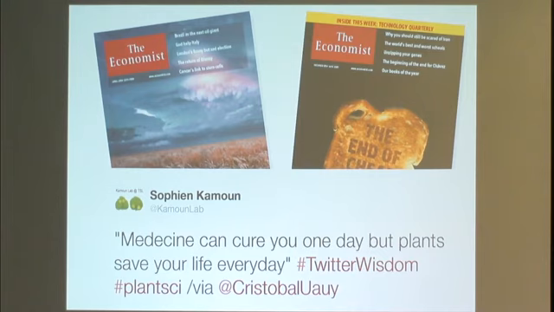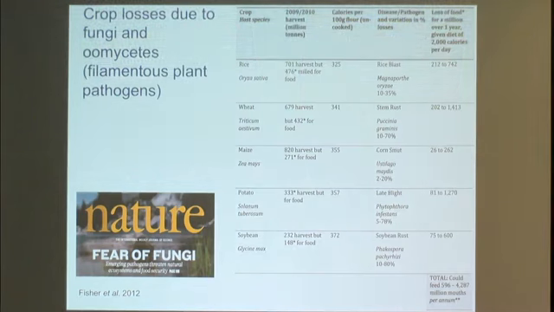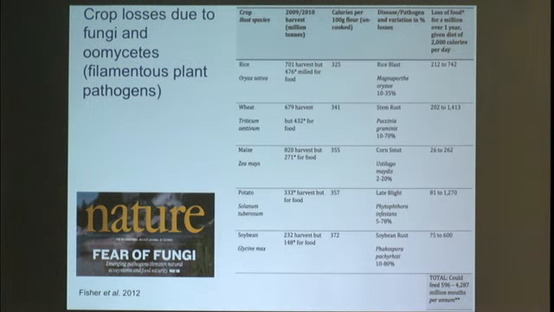And one of the serious threats to the plants is these pathogens called filamentous plant pathogens. They can be either oomycetes or fungal organisms. Oomycetes are not fungi, they are closer to algae, which I'll tell you later on. These two organisms, which have a shape of filaments, cause devastating yield losses.